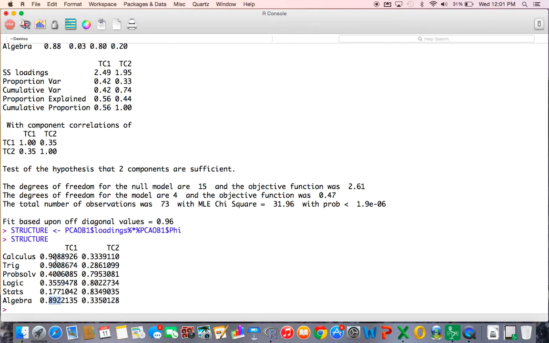So there's consistency around the 0.9, telling us calculus, trig, and algebra load on component 1, and then structure consistency around the 0.8 mark, telling us stats, logic, and problem solving load on component 2. So, guys, I think that the structure matrix and pattern matrix support what we knew all along from the orthogonal rotation. So guys, again, I'm a happy man.